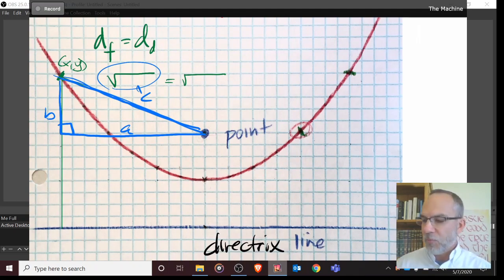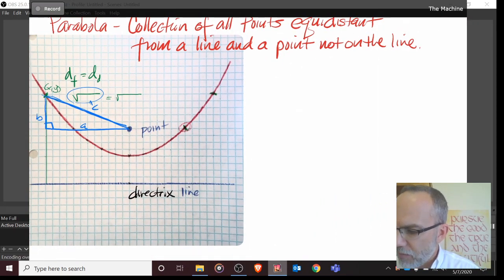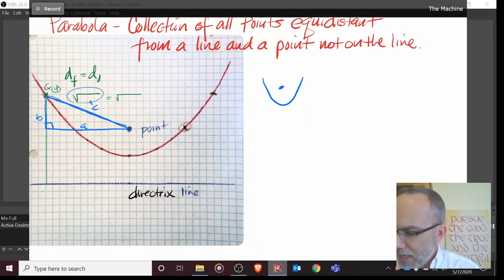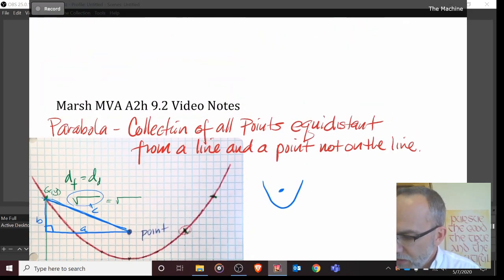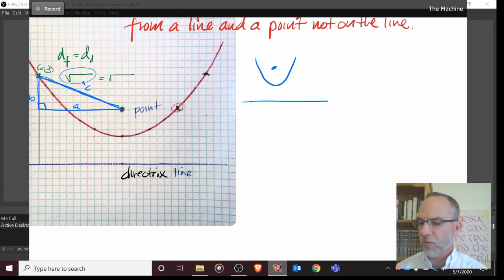Okay, so for now, any kind of parabola, you're going to have the following arrangement. You're going to have a U shape somewhere. Your focus is going to be in the middle, and your directrix is going to be on the other side of the vertex, no matter where it goes. Now you can have one that opens sideways.